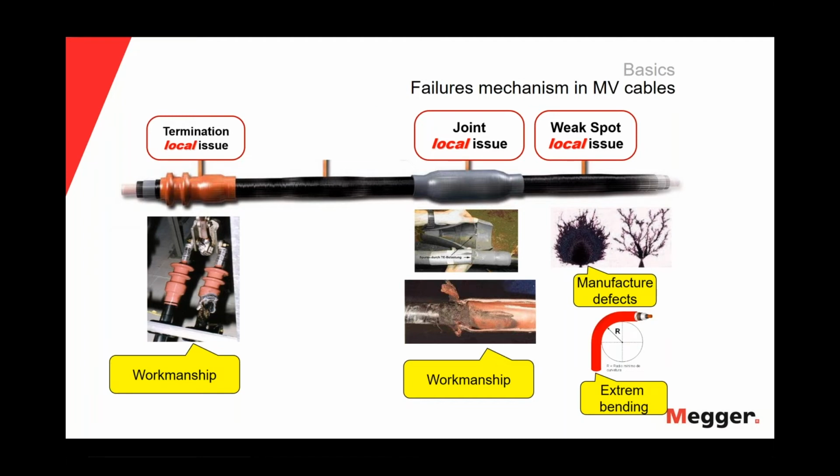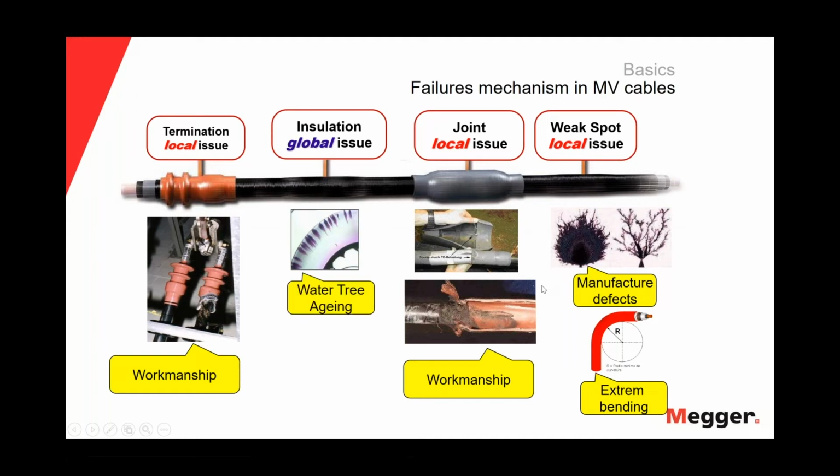On the other hand, the global issue is distributed water trees in the entire length of the bulk insulation. In the case of XLPE cables, in the case of paper impregnated cables, the global issue will be the cellulose degradation. So it's important that we distinguish between local issues and global issues.